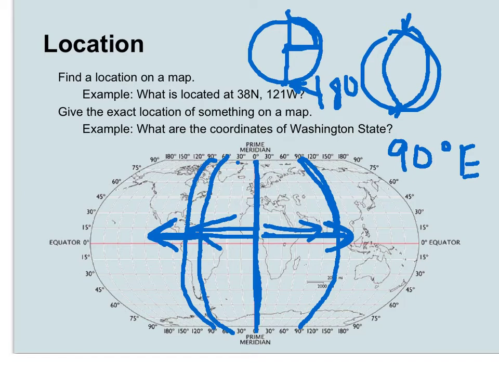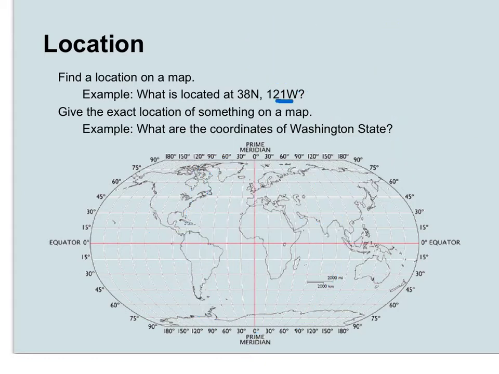So now we're going to learn how to find an exact spot on the Earth on a map. Here's an example of 38 degrees north and 121 degrees west. Let me give you another one first before you try that one. Let's say we want to know what this spot right here is on the map.